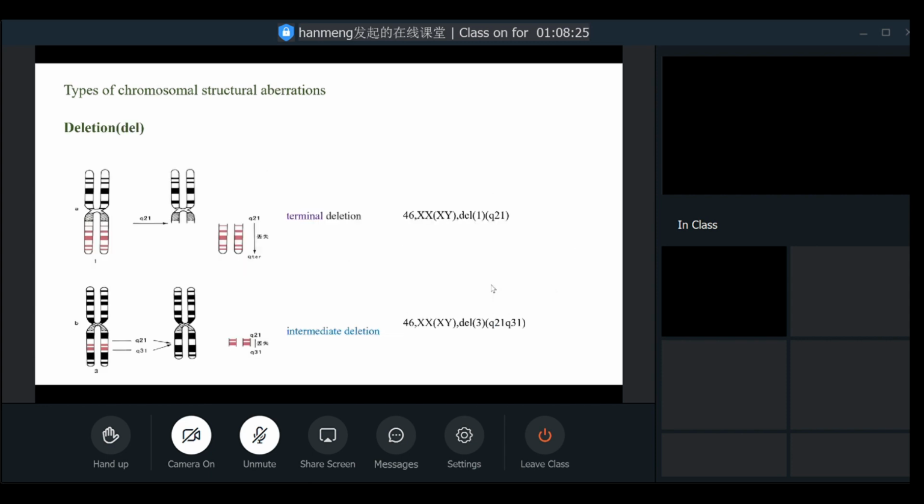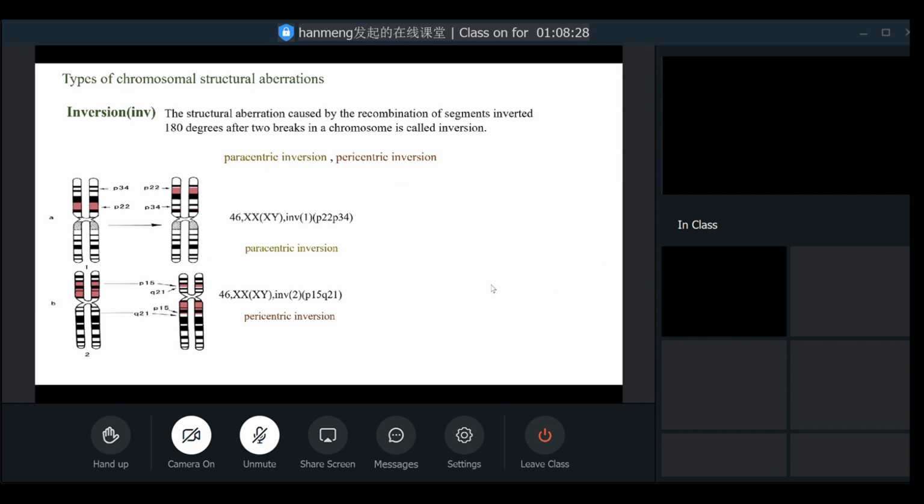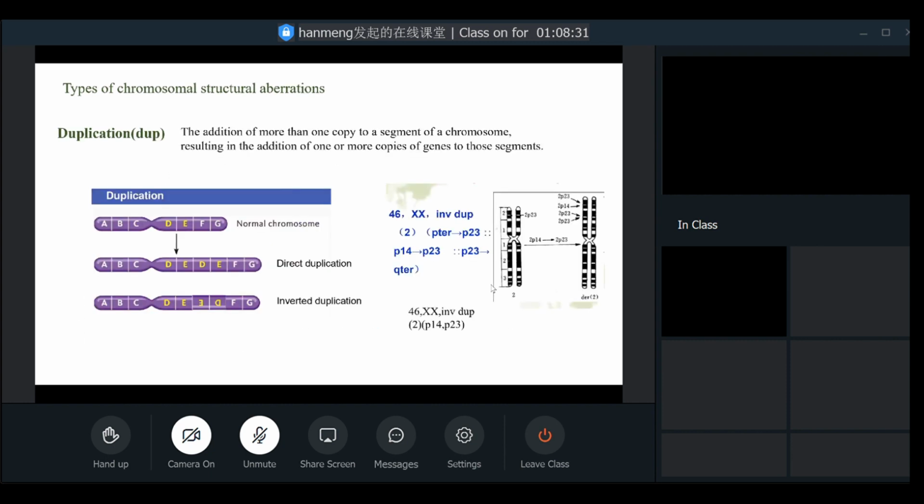Then we will see another type of chromosome structure aberration, the duplication. Here, the duplication means the addition of more than one copy to a segment of a chromosome, resulting in the addition of one or more copies of genes to these segments. This maybe occurs between two homologous chromosomes because two homologous chromosomes have the same genes.